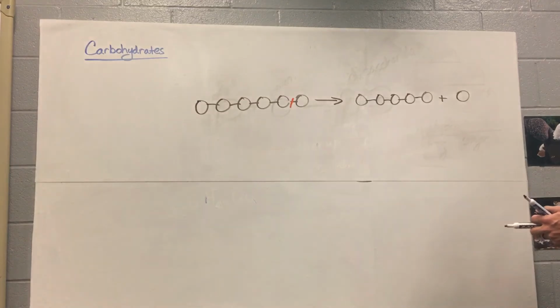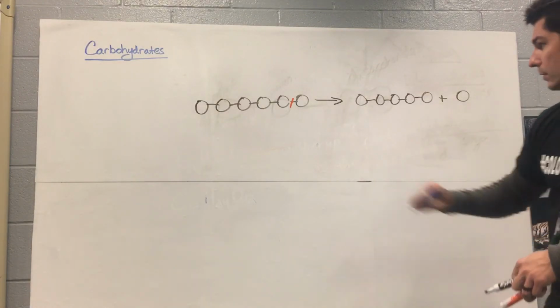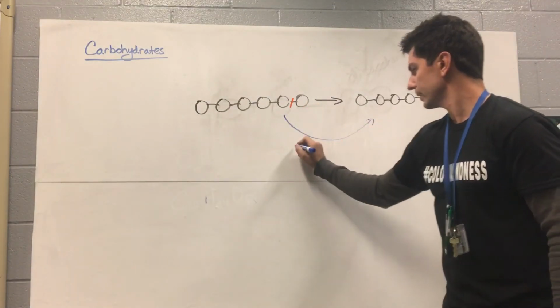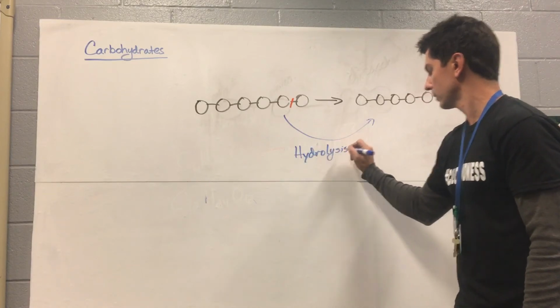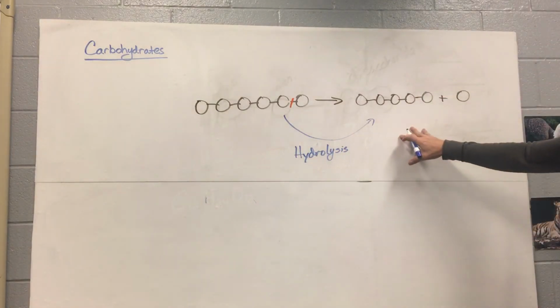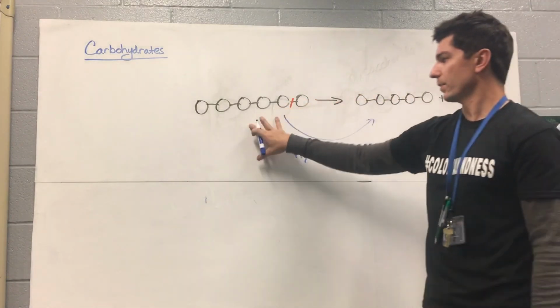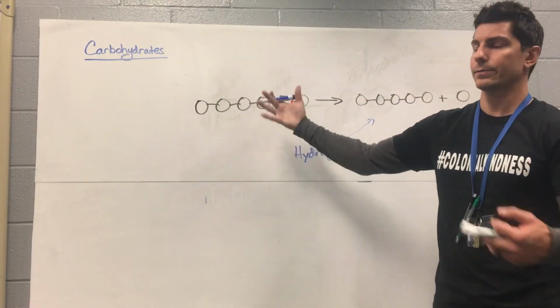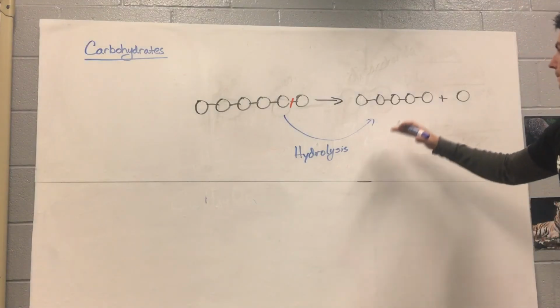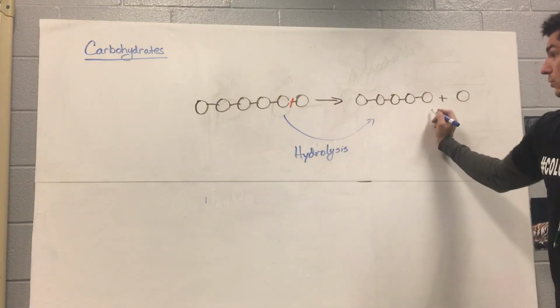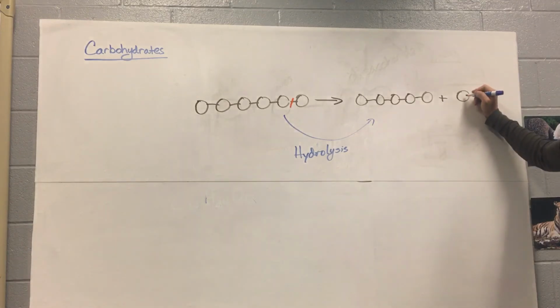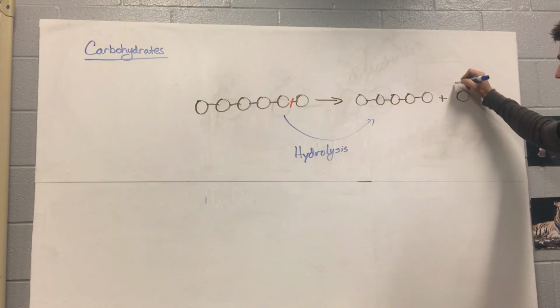Okay? This, since we're breaking it down from here to here, this is a hydrolysis reaction. Okay? Reason being, we're taking a very big polysaccharide. Like I said, in reality, it would be bigger. And we're breaking it down into something smaller. Yes, we still do have a polysaccharide here, but we are taking off our one monosaccharide.